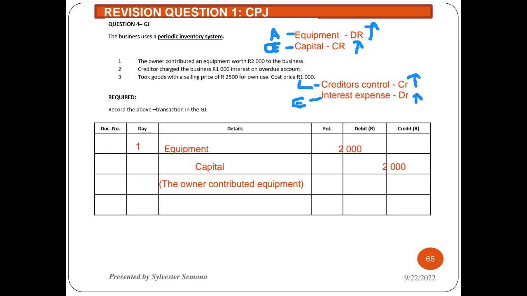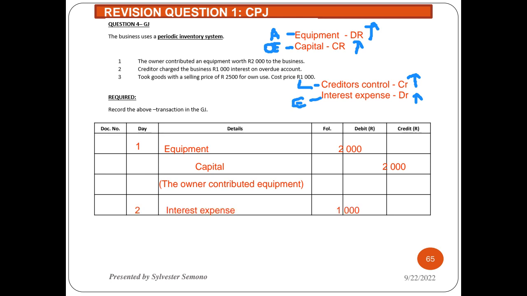So guys, I'm just going to squeeze it here. Number 2, and then the account debited will be interest expense, which is 1,000.